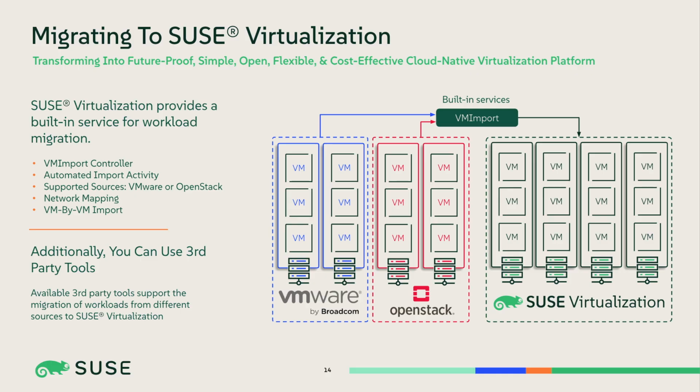You can point it either at a vCenter, or you can point it at an ESXi host directly. You can point it at an OpenStack, and it will import the VM. It will copy the VM across to a SUSE Virtualization storage volume. It will transform the VM, i.e., it will put it into the right disk format. It will add in the equivalent VM tools, if you like, etc. It will do that for you.